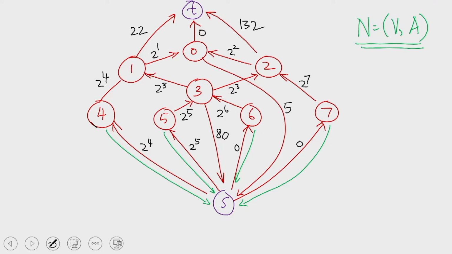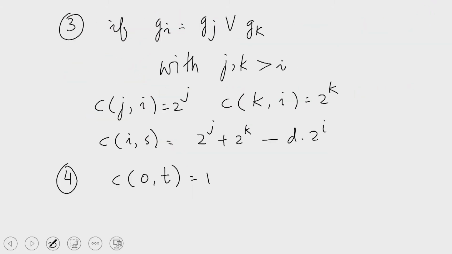For these edges, the capacity would be 2 power the ordinal value of the input. So for the edge from 4 to S, the capacity would be 2 power 4, and the edge from 7 to S will have a capacity of 128. So this is how we assign the capacities. So this is a flow network. Now once the capacities are assigned, we define a function flow f.